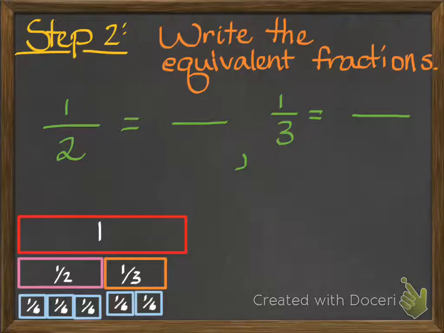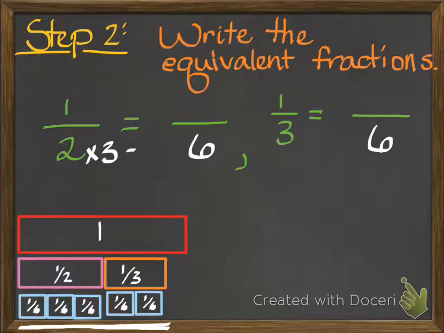And now I can write equivalent fractions. So I'm going to change 1/2 and 1/3 to sixths. Okay, and you can see over here on my picture how I've done that. 1/2 to get to 6, I'm going to take my 2 and I'm going to have to multiply it times 3 to get to 6. 2 times 3 is 6.